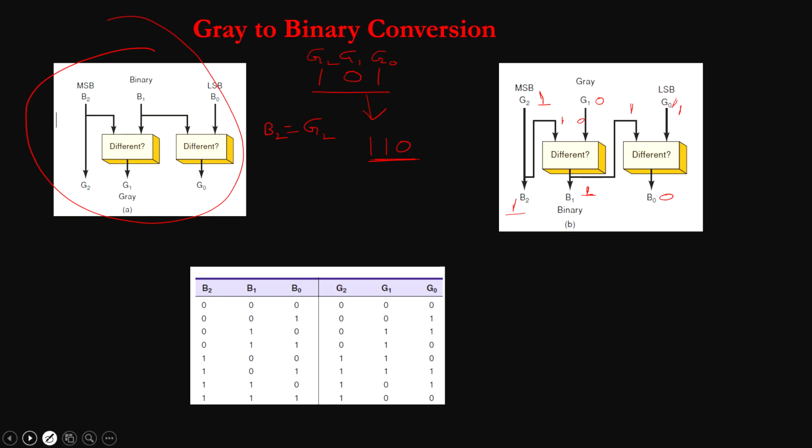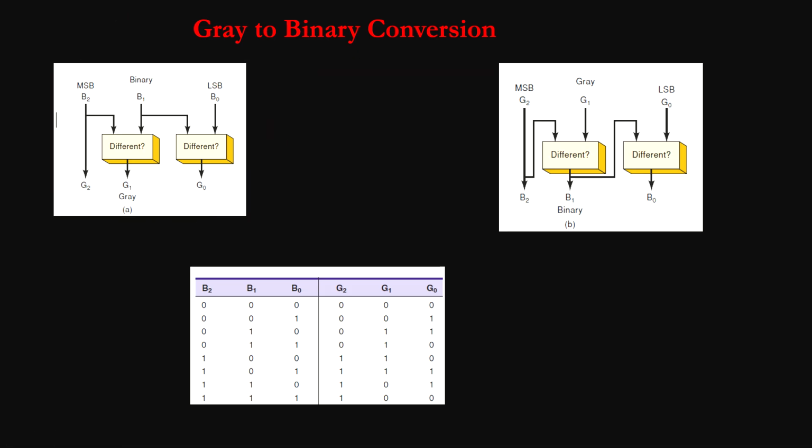Okay, let us solve it for another number. Now let us say that this is 1, this is 1, this is 1. All are 1. Now you will get a 1 here because Z2 will directly go to B2.